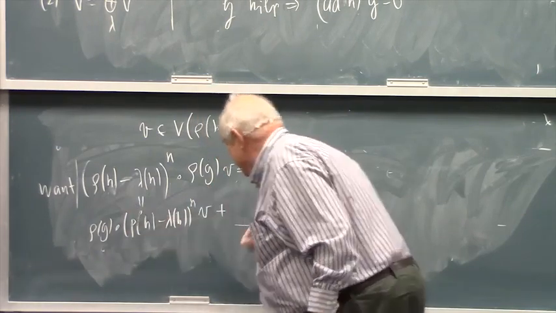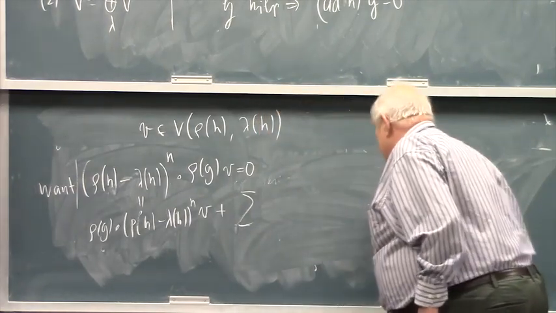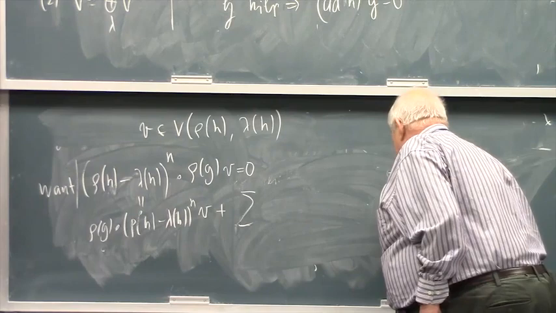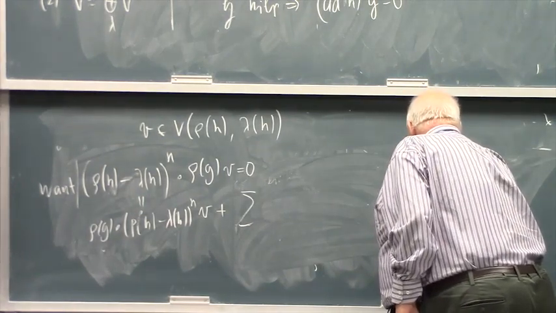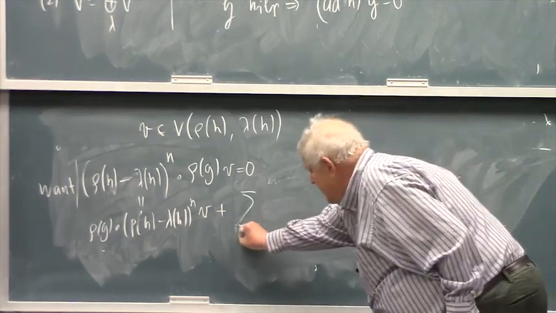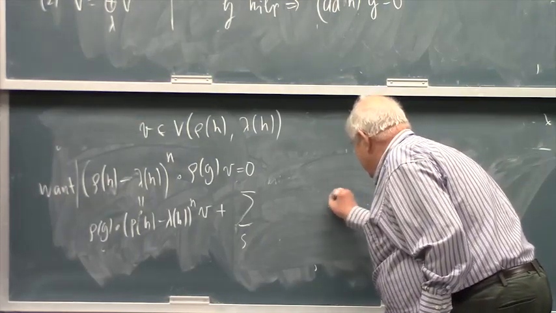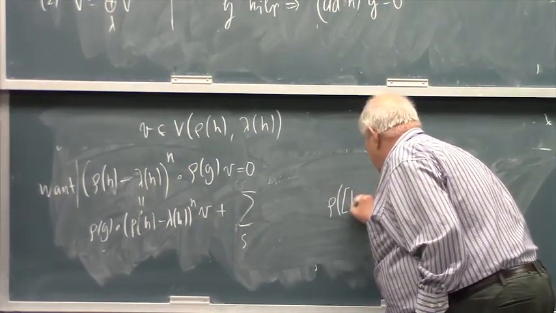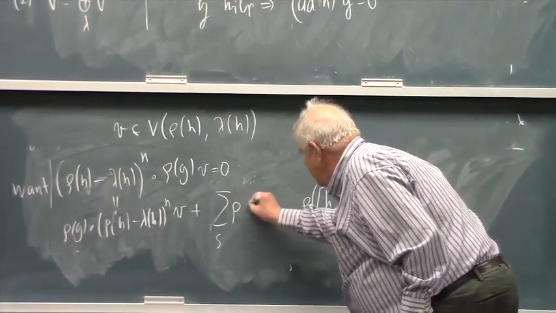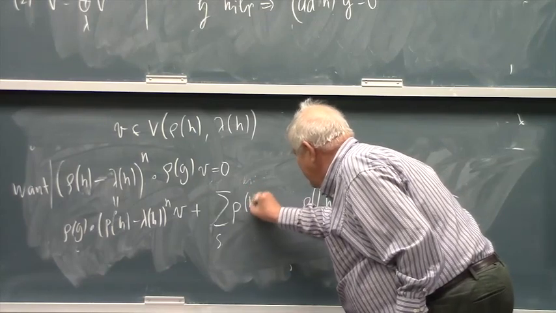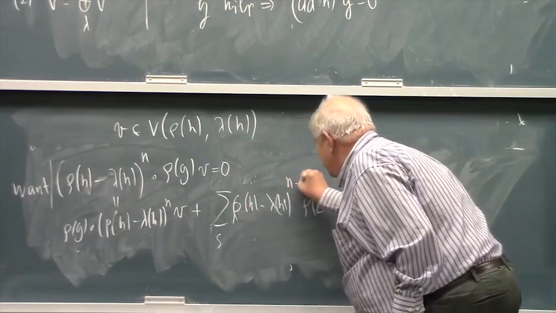So with this, what can happen? That here remains rho of H minus lambda of H to some power S applied to V. Then rho of H G, and then the remaining thing, rho of H minus lambda of H to the power, by the way, n minus s minus 1.